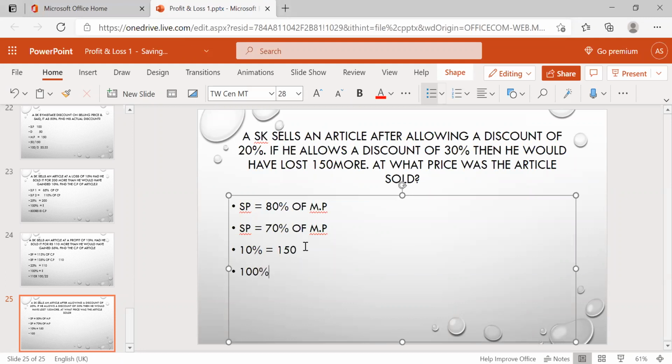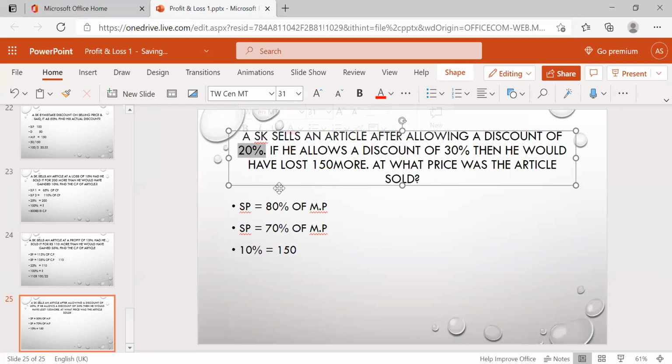But wait, see here, they're not asking the mark price. If they ask the mark price, then we have to find out the 100% of the amount, right? But what they asked is, at what price was the article sold? At what price was the article sold the first time?